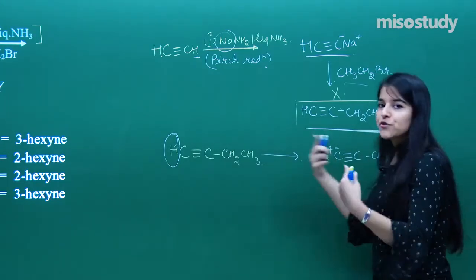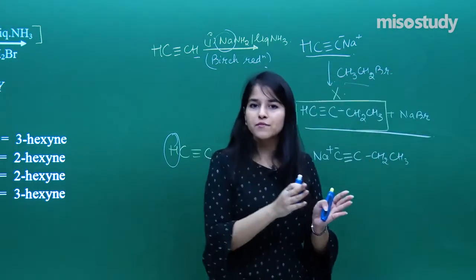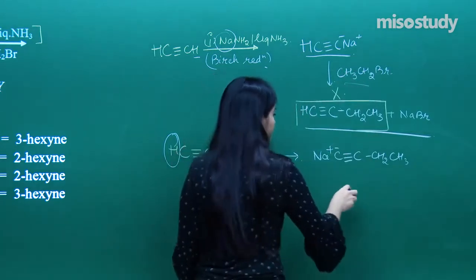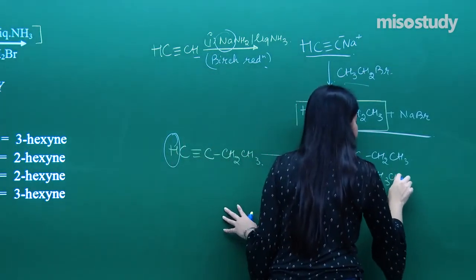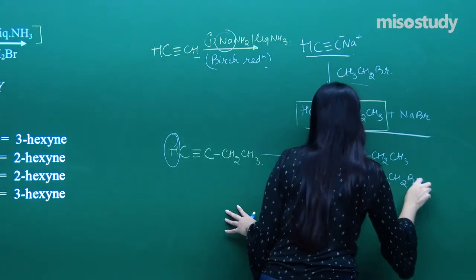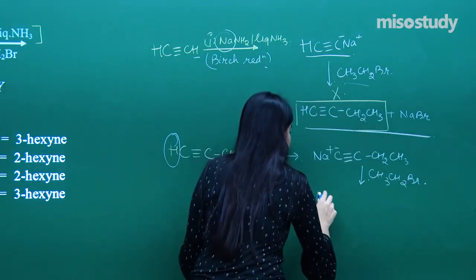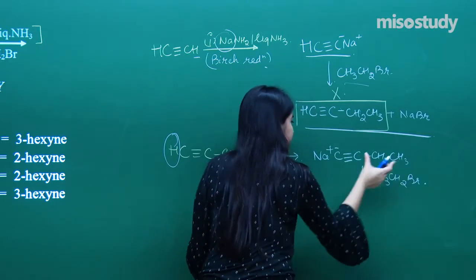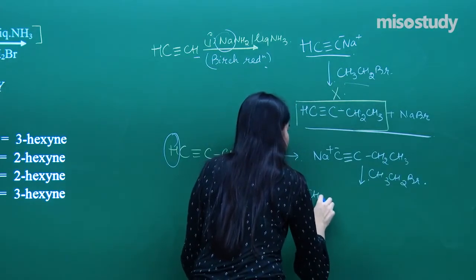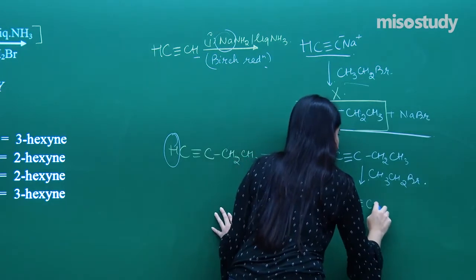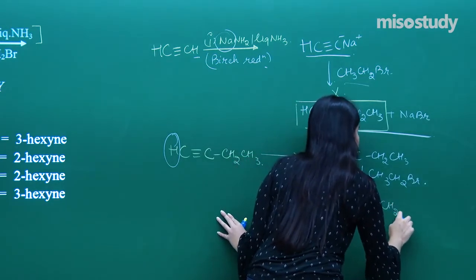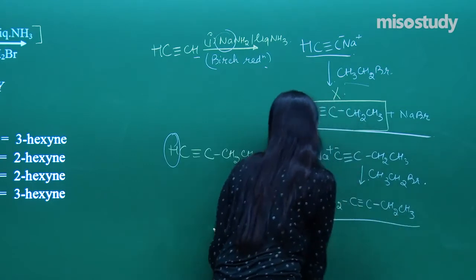And again I need to increase the series, add up more carbon atoms, alkyl bromide again. So that is what we are getting. And we get another set of carbons attached onto the other side. So that is what we are getting over here.